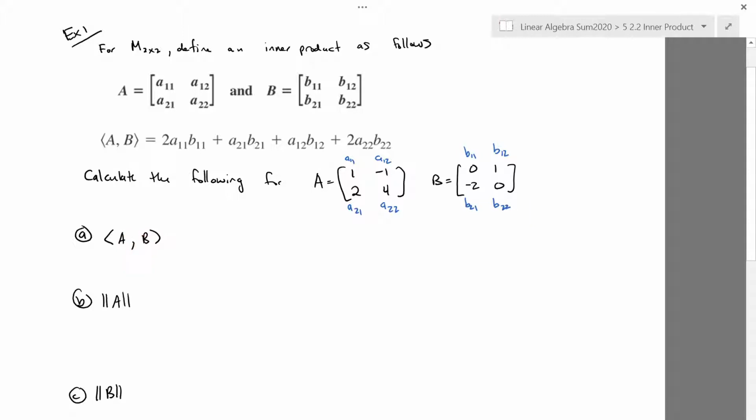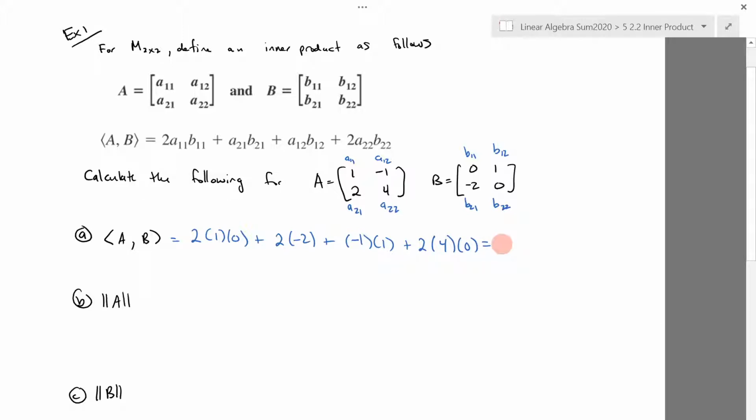The inner product of A with B is 2 times the product of the first entries, 1 times 0, then A21, B21, so 2 times -2, plus -1 times 1, and then plus the weight 2 times 4 times 0.